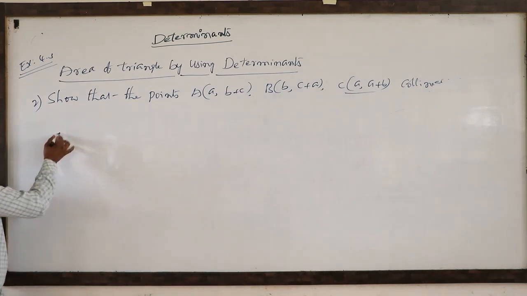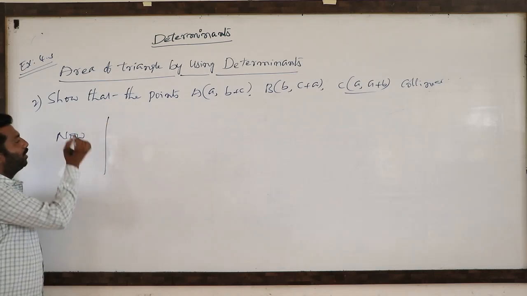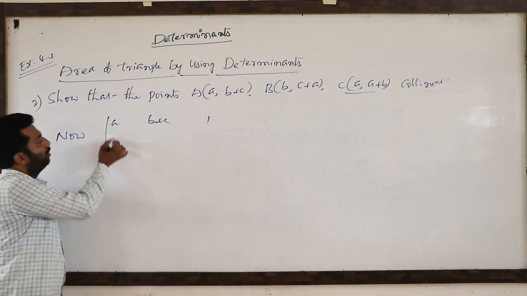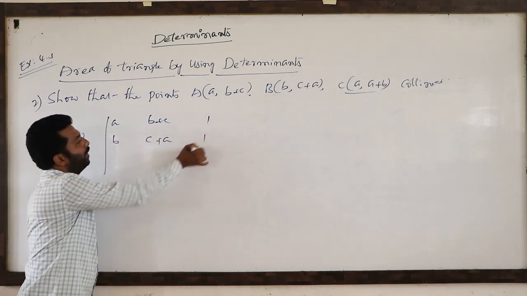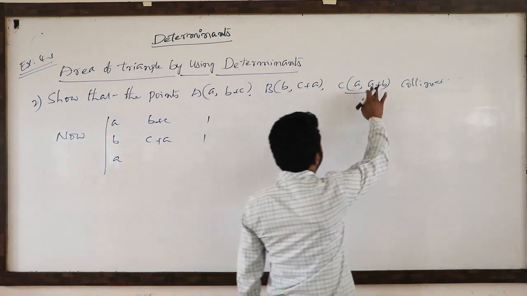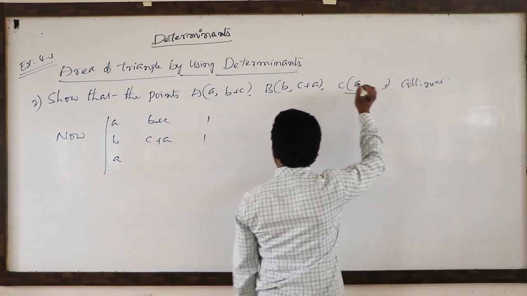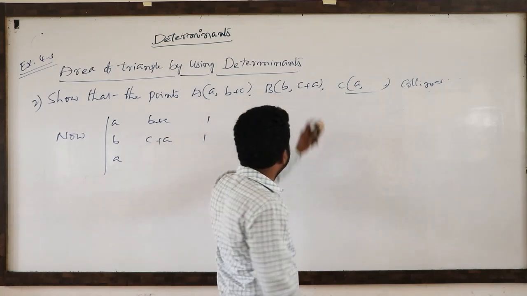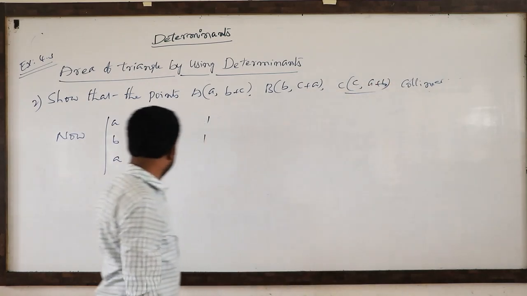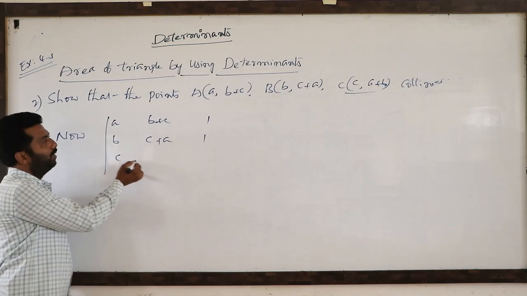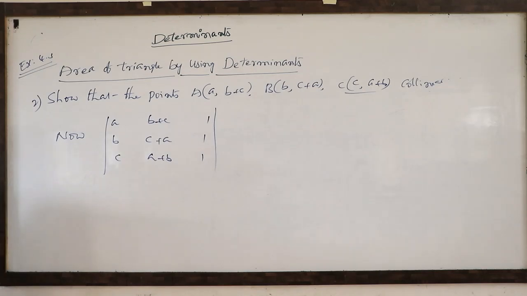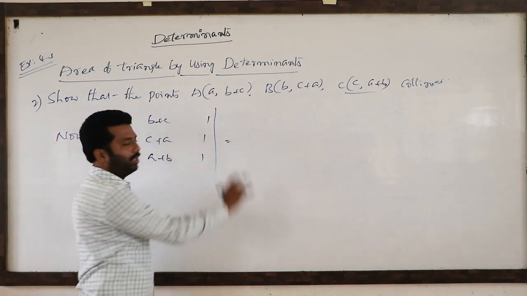Now, the determinant of A, B+C, 1; B, C+A, 1; C, A+B, 1. So this determinant we have to prove is 0.